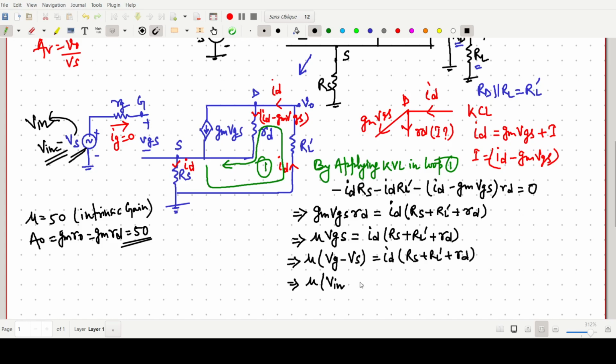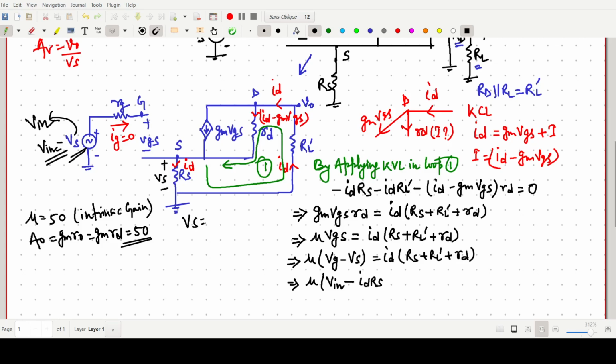So V in minus Vs. Now this voltage we can call Vs. So this Vs is nothing but simply ID Rs. Is it okay? Very simple concept.